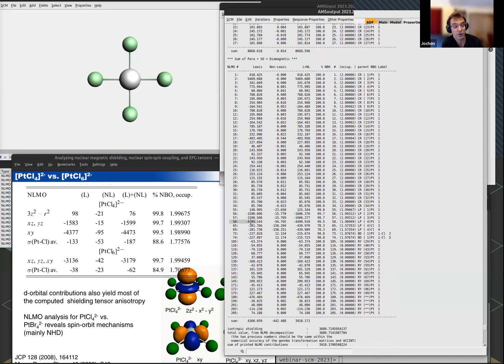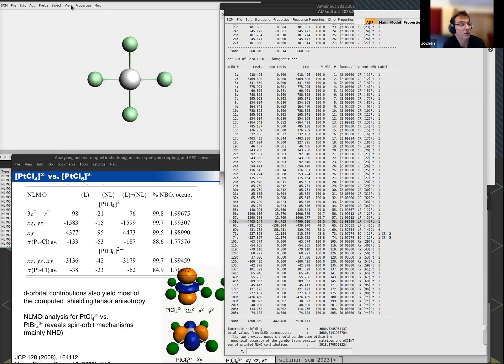So, for example, we see here an NLMO with a contribution of about 44.99. Here in the old publication, it was minus 44.73. So there are small differences that have to do with technical improvements, mostly in the ADF code.